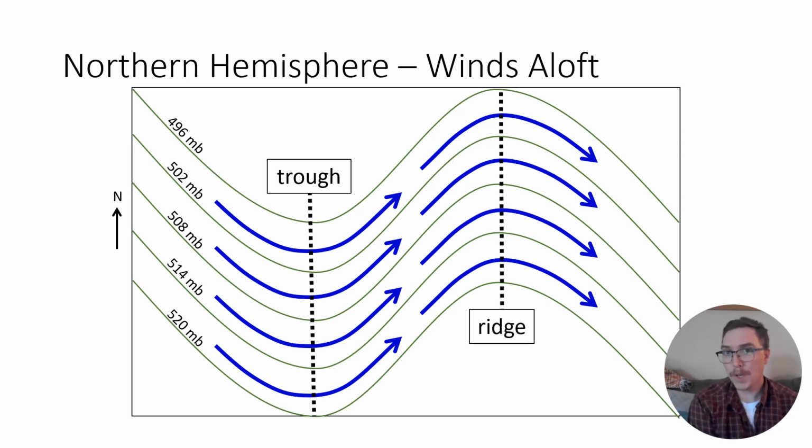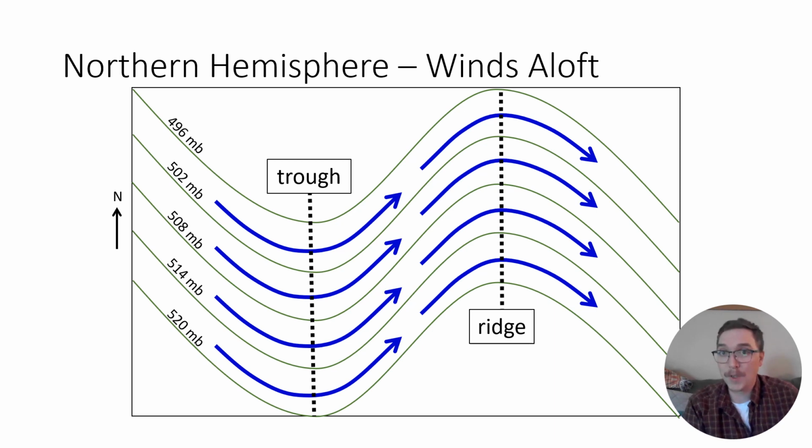Now, troughs and ridges are associated with low and high pressure systems. They're different than cyclones and anticyclones, though, so we need to make that key distinction. These are elongated zones of pressure without that cyclonic motion.